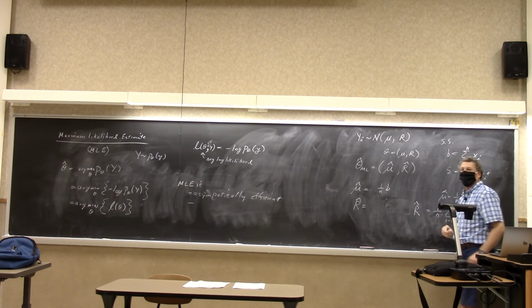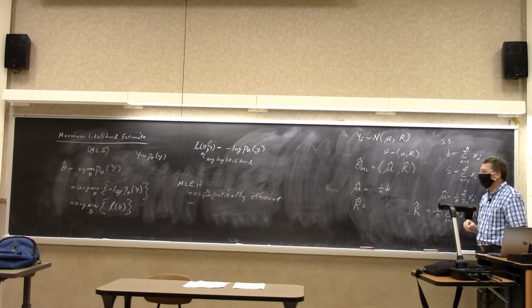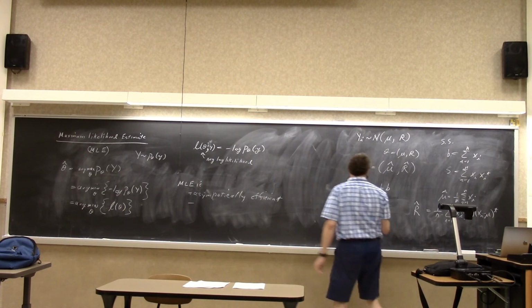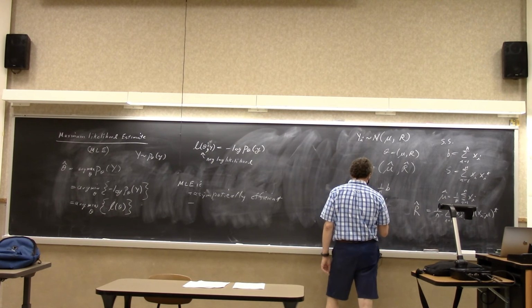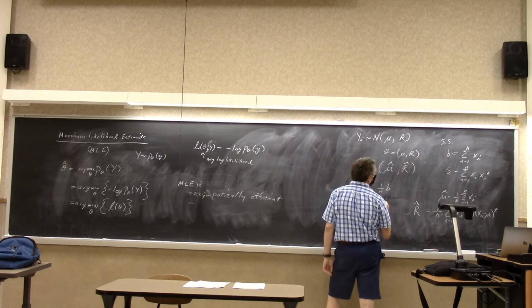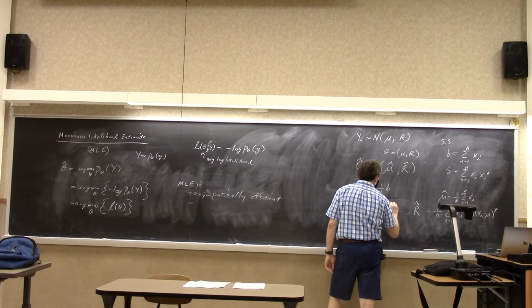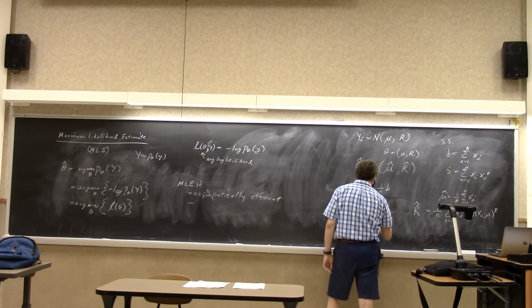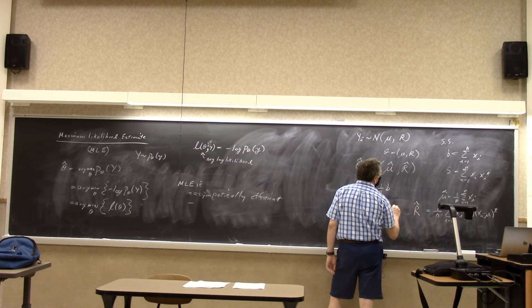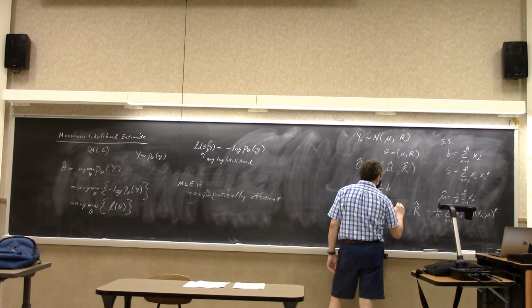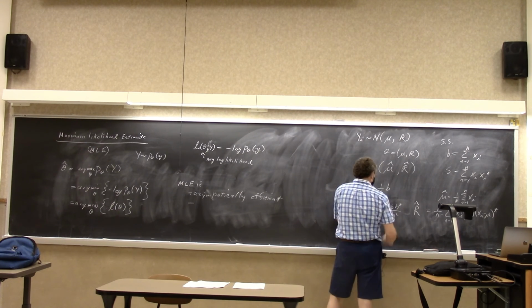That's why I said there was a 50-50 chance that you'd give me the right answer. So the right answer here becomes s over n minus b times b transpose over n squared, I think.